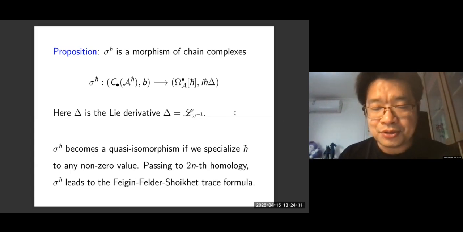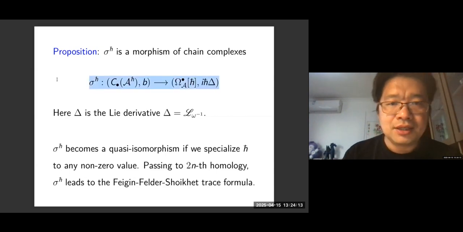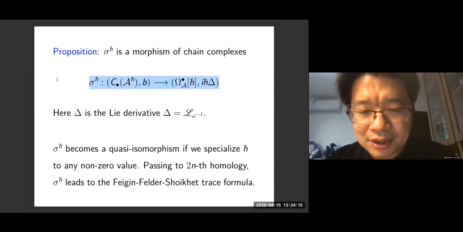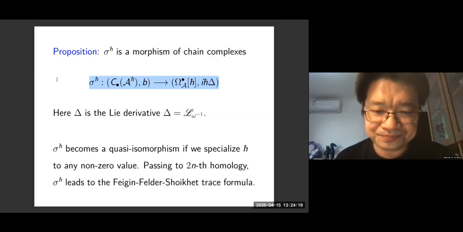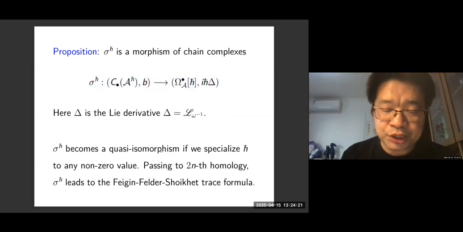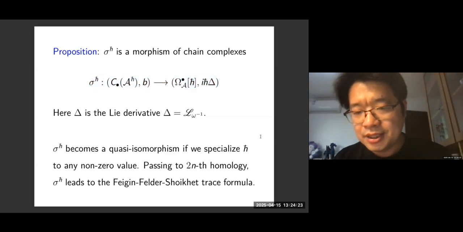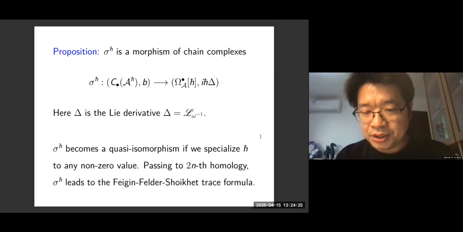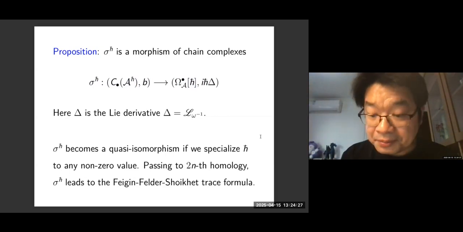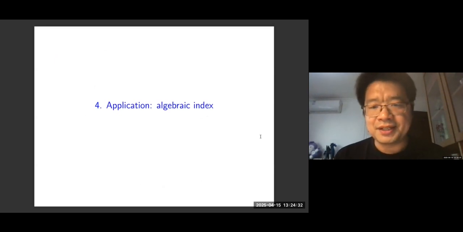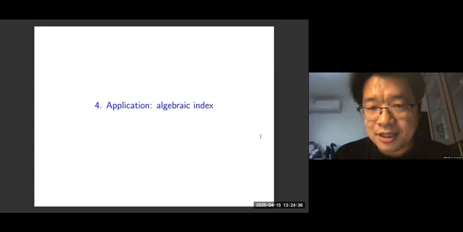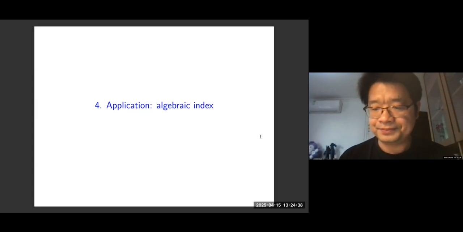So next, I want to show you this simple manipulation, this construction, and how this is related to the index theorem. So we need to borrow a little bit of geometry into this setup. Let me explain the first very naive, simple application to the index theorem.